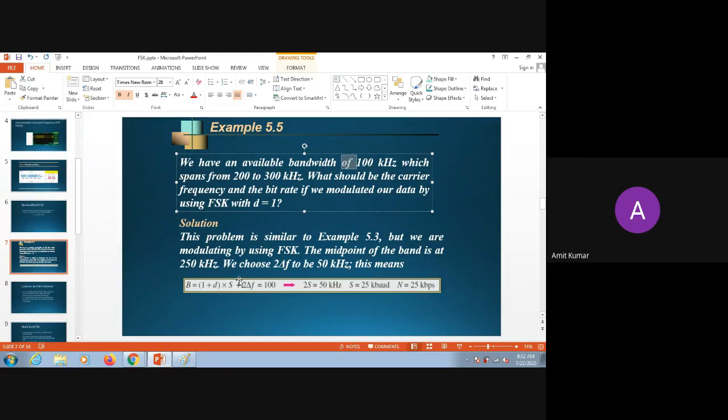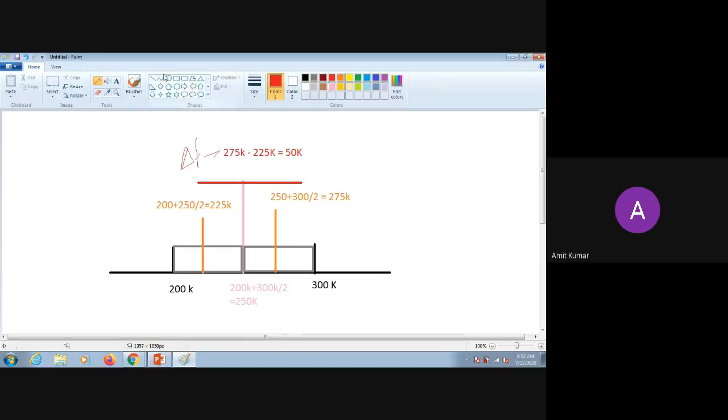So how they have written two delta F, I will share with you.